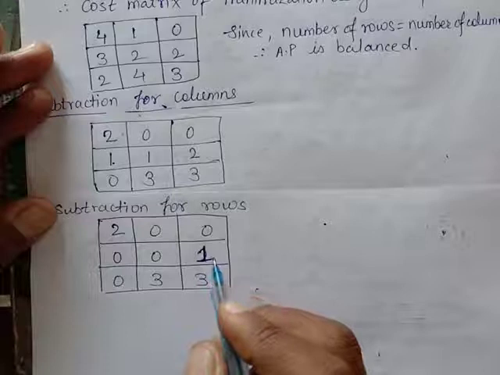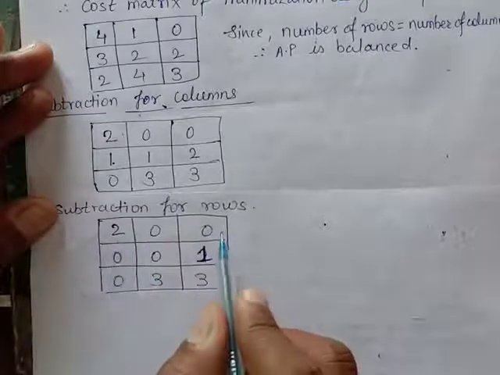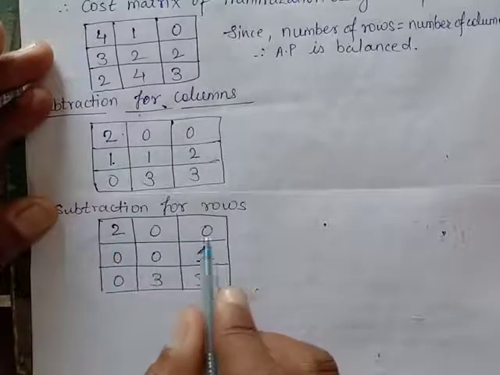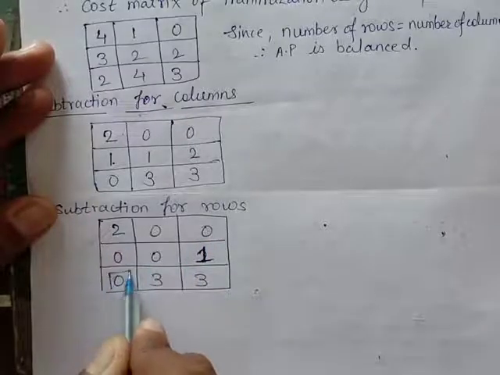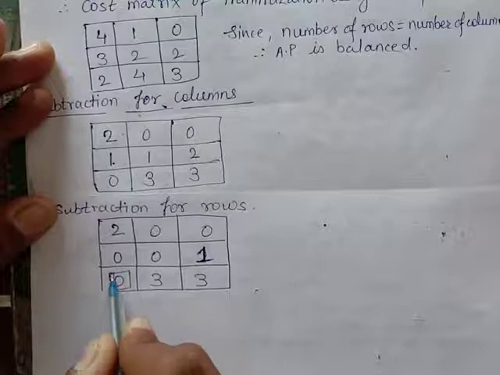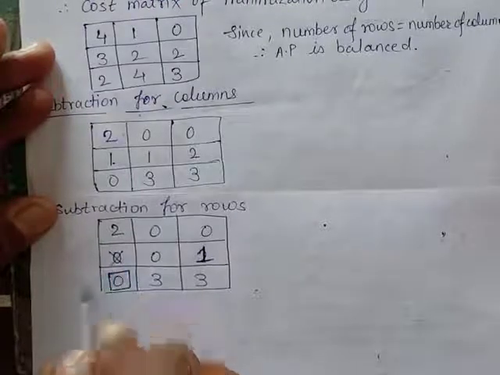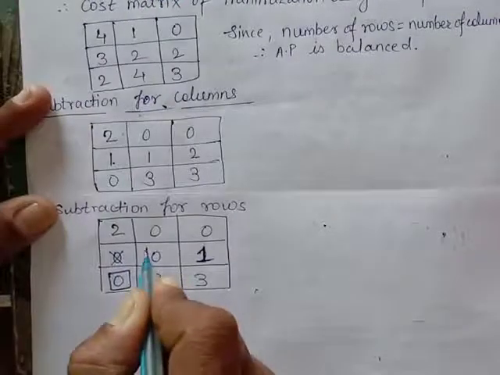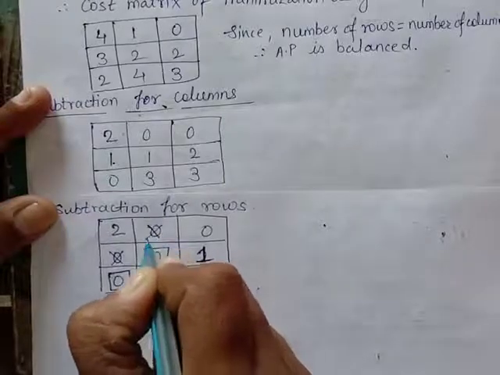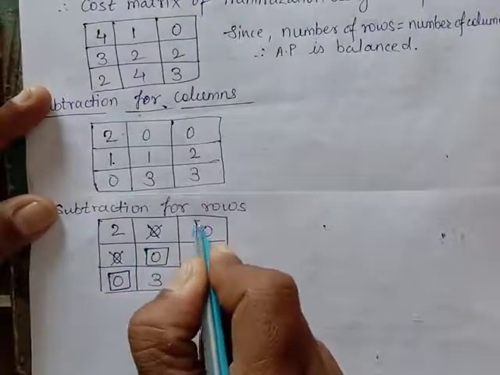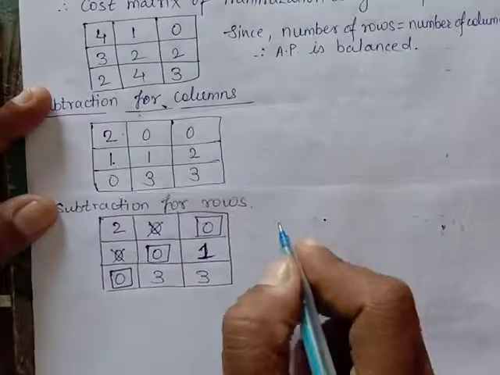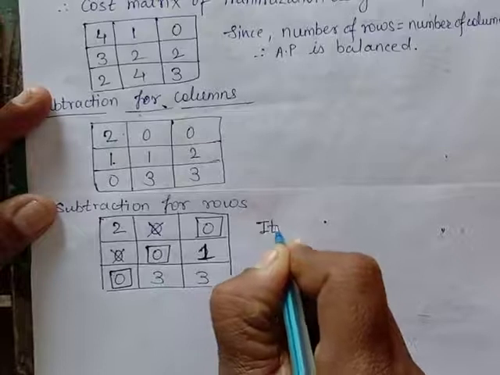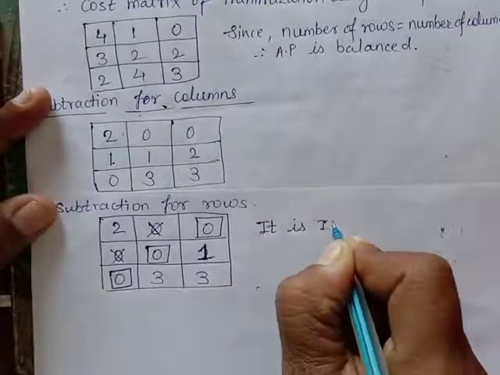Now this is an initial basic feasible solution. So let's do the assignments. Going row wise, the first row has 2 zeros, the second also has 2 zeros, but the third row has a single 0. So let's assign it and cross the corresponding column 0. Now again we will assign this, cross the corresponding column 0, and lastly we will assign this one. As such, this is an optimal solution.